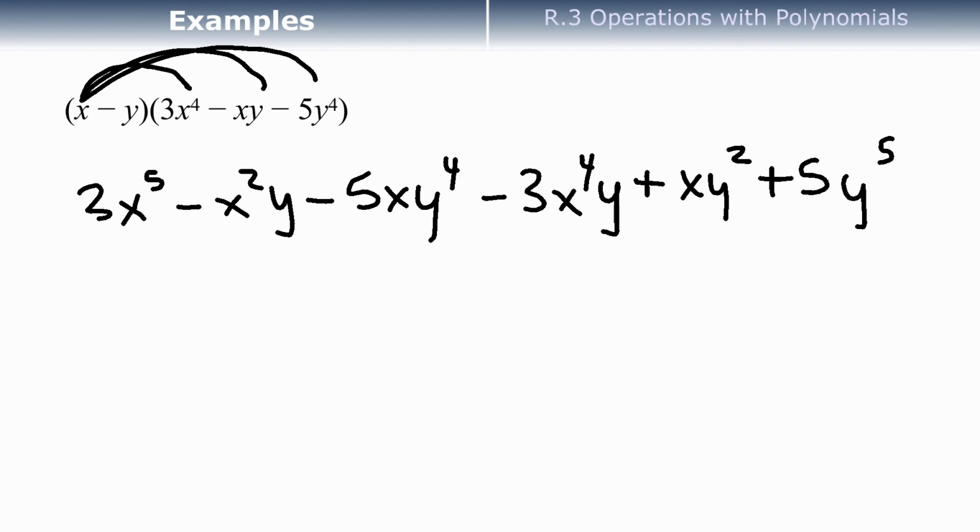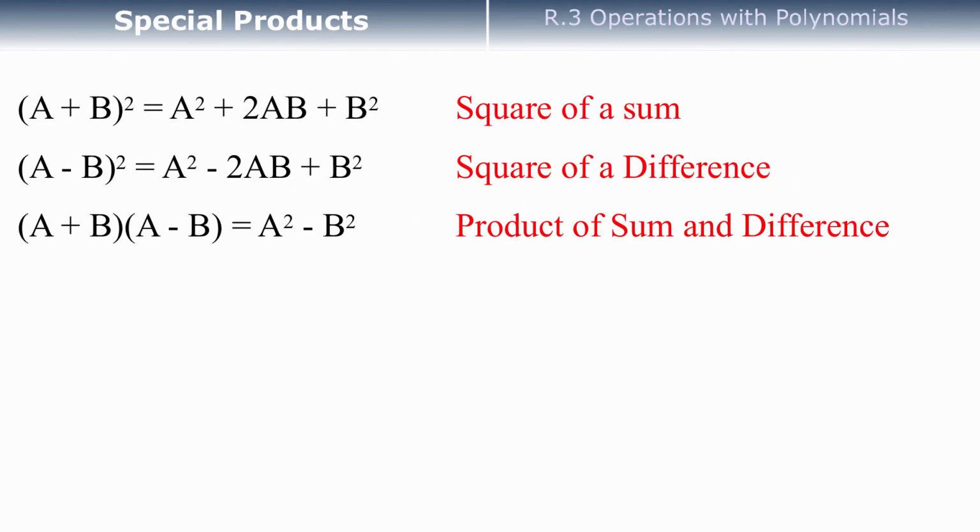Now, that's some multiplication. And it turns out that there are some special cases that sometimes happen, like if I have two binomials that are the same. So say I have x plus 2 times x plus 2. When I'm multiplying those, something sort of fancy comes up.